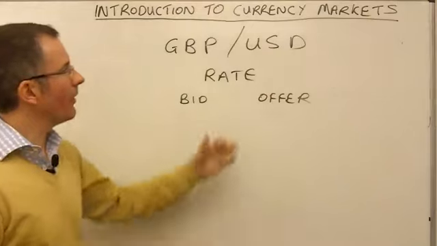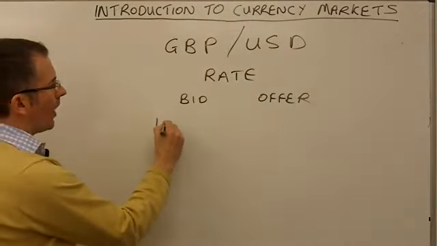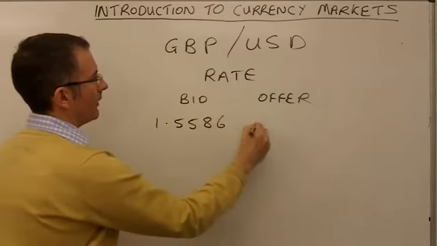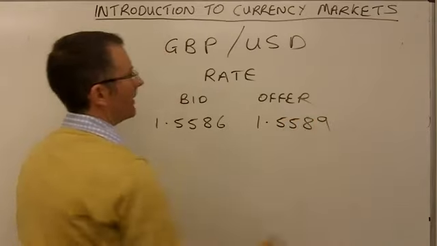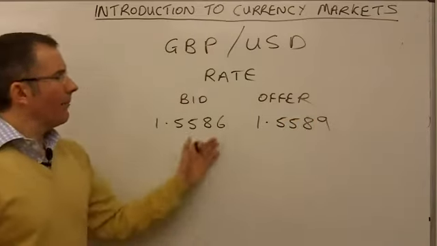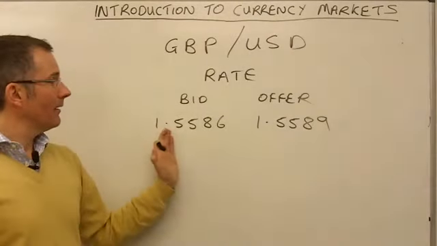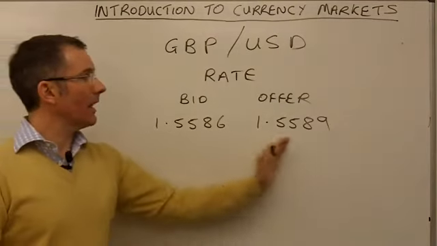So let's put a rate in. So for example, maybe we've got a bid rate of 1.5586 and an offer rate of 1.5589. Now, on a screen, it won't necessarily say that this is a dollar rate. It may just appear like that.